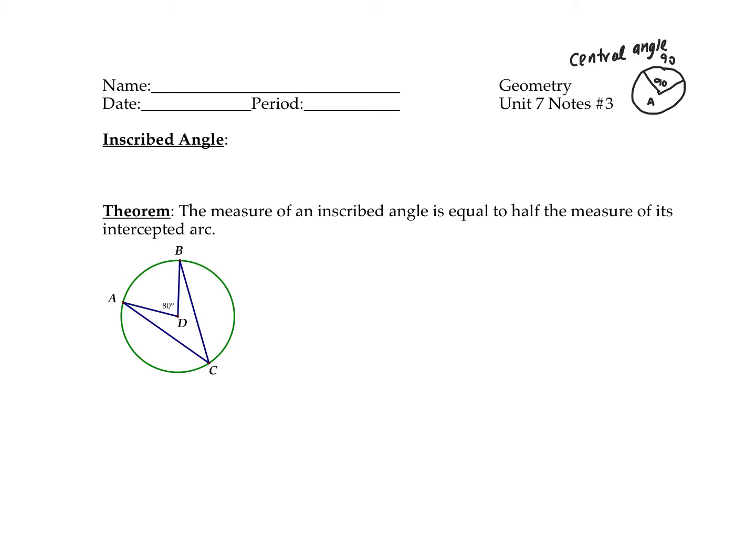The definition of an inscribed angle is an angle formed by two chords with its vertex on the circle.